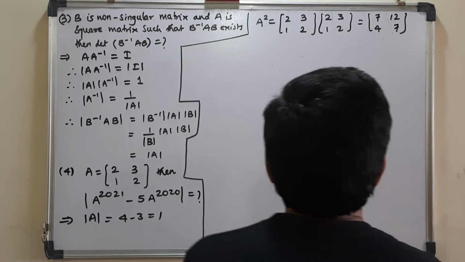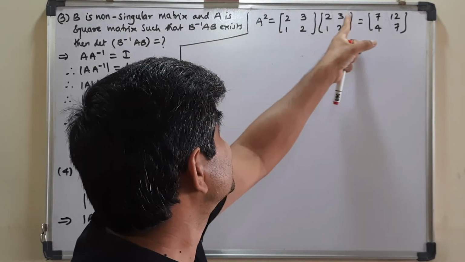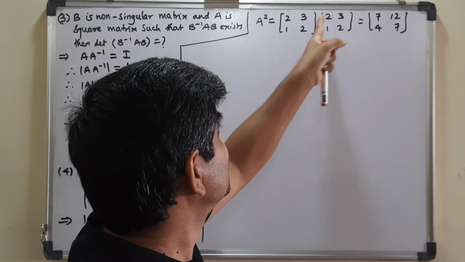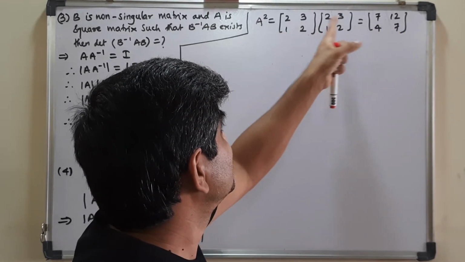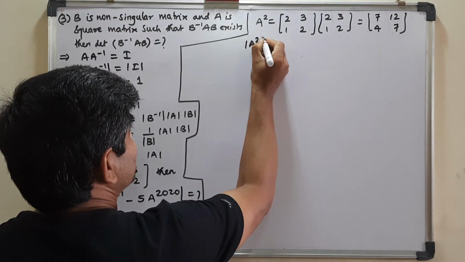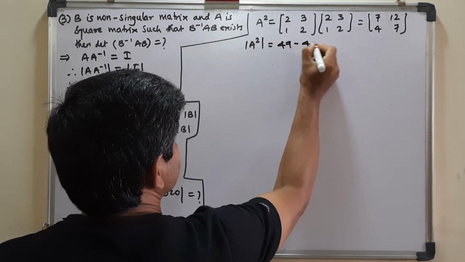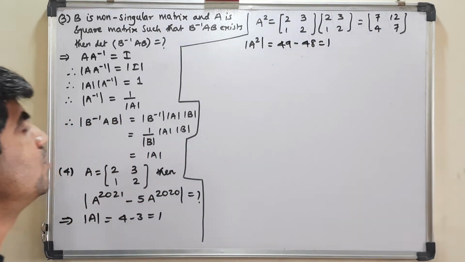Let me check once again: 4 plus 3 is 7, 6 plus 6 is 12, 2 plus 2 is 4, 3 plus 4 is 7. Now let me get the determinant value of A square. 7 sevens are 49 minus 48, again it is 1.